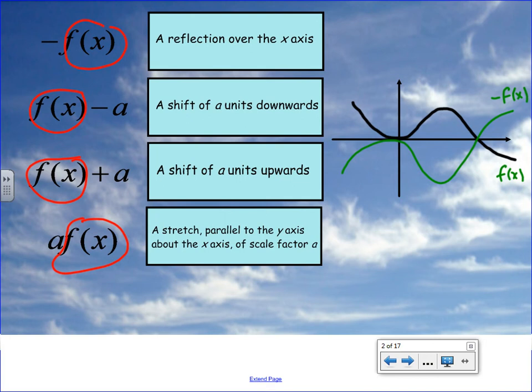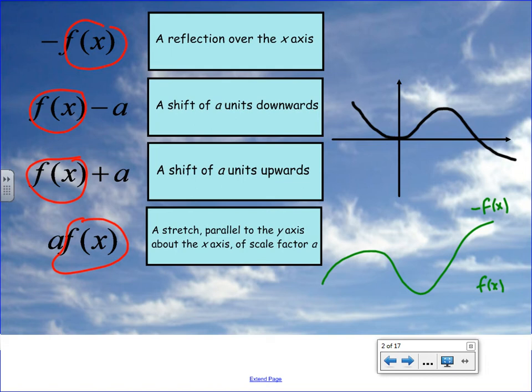If you want to stretch it, so f of x, let's move this one out of the way. If we wanted to do, for example, 2 f of x, then what happens is that you get a stretch, and this bit, you have to learn. Parallel to the y-axis means this is the direction of the stretch.